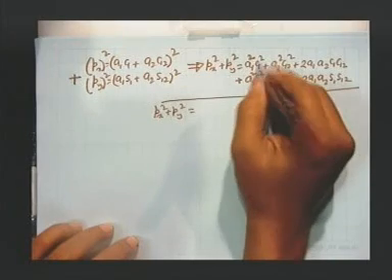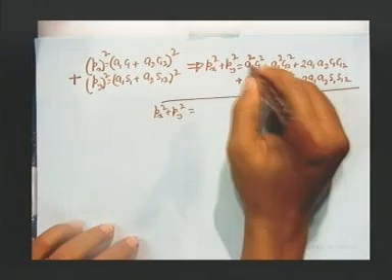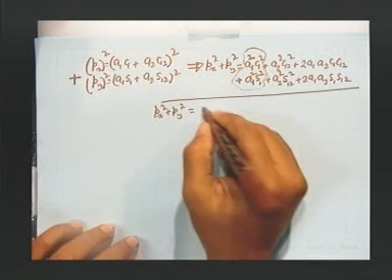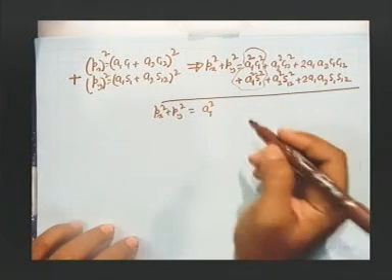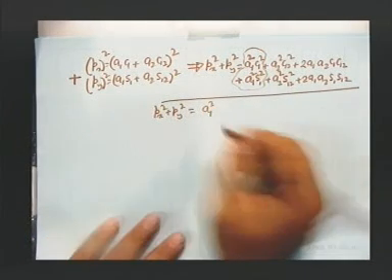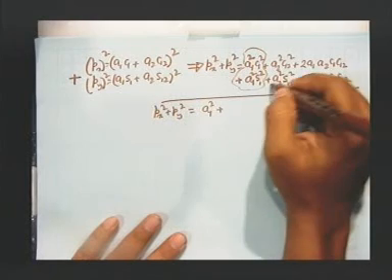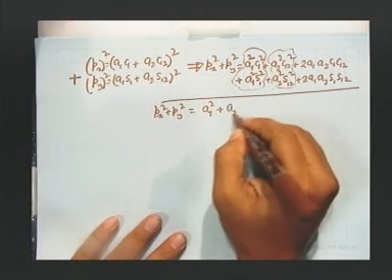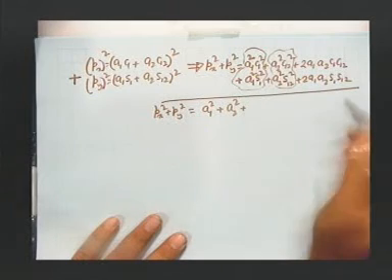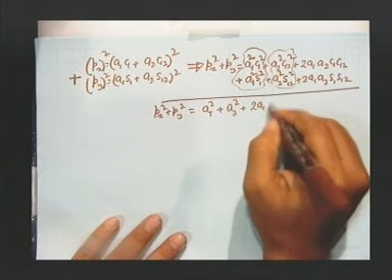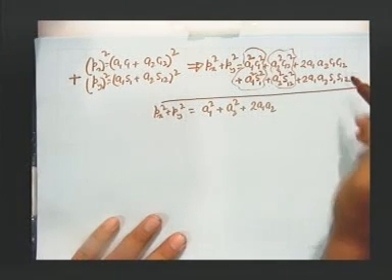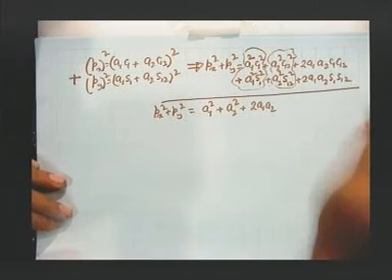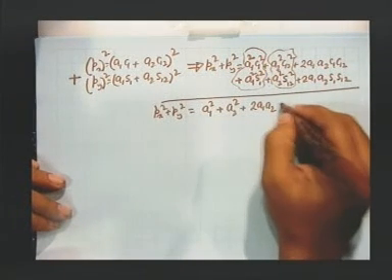So, these two will become a1 square. We know sin square theta 1 plus cos square theta 1 is 1. These two similarly will become a2 square, plus 2a1 a2. If you add them, cos theta 1 cos theta 1 2 plus sin theta 1 sin theta 1 2 is cos of a minus b.